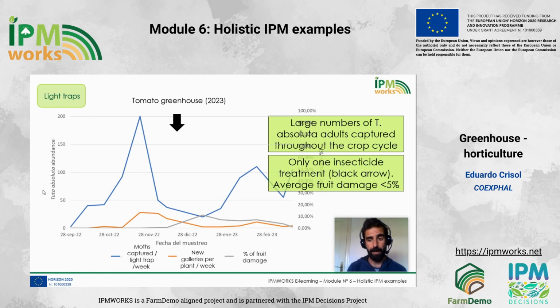And again, in this case, we have only one insecticide treatment, indicated by that black arrow. But you can see that the average fruit damage is quite low and remains quite low, on average below 5% throughout all the crop cycle, which is very good results.